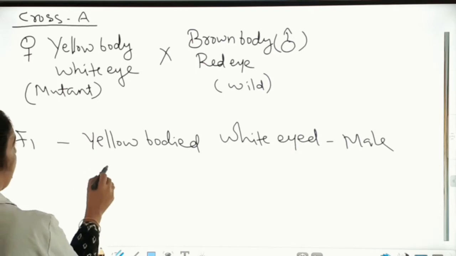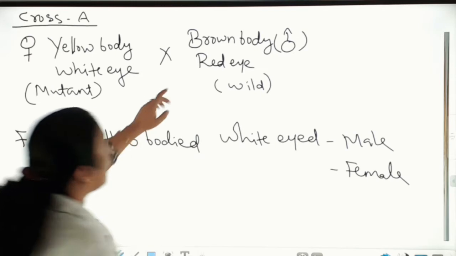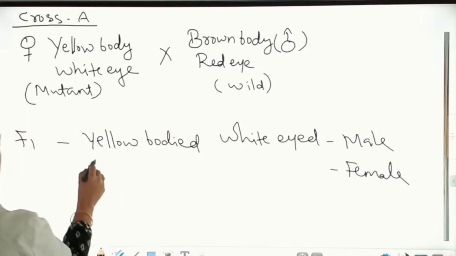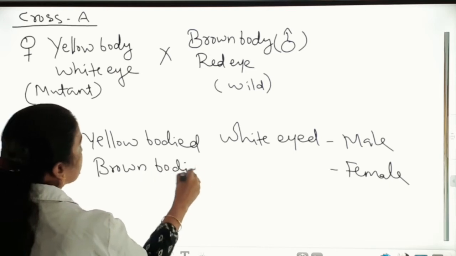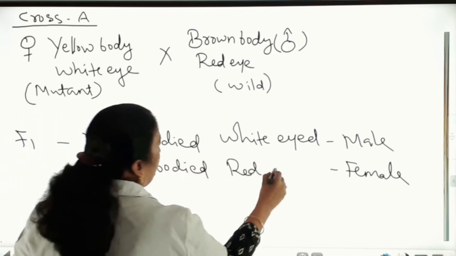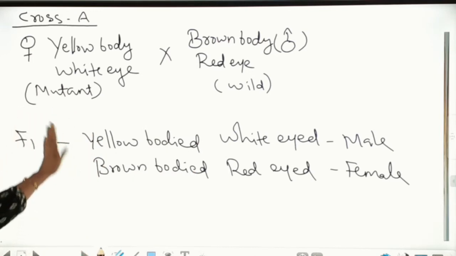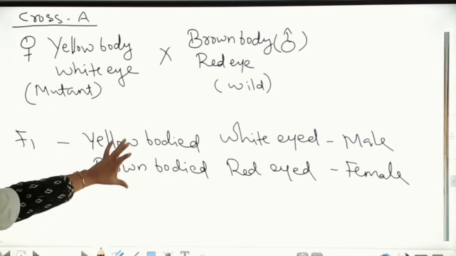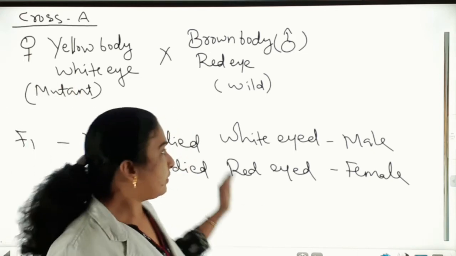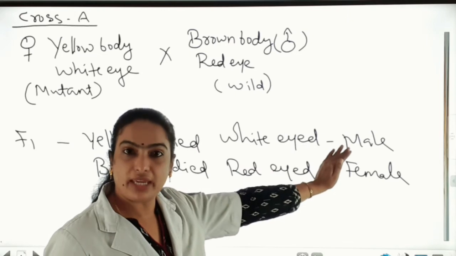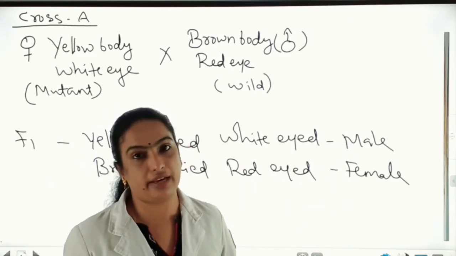Okay. And the female offsprings are showing the male parental characters such as brown bodied, red eyed. Clear? So in the F1 generation, the offsprings are showing parental characters. Male is showing female parental character and female is showing male parental character.